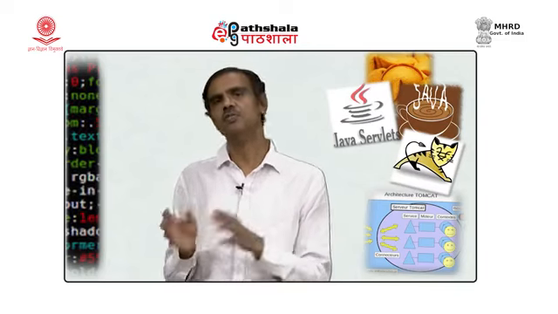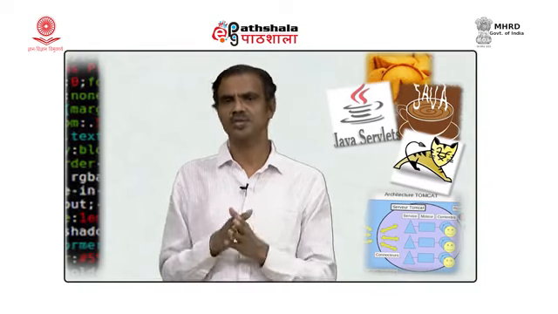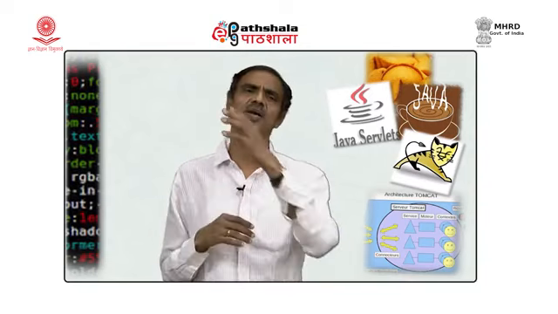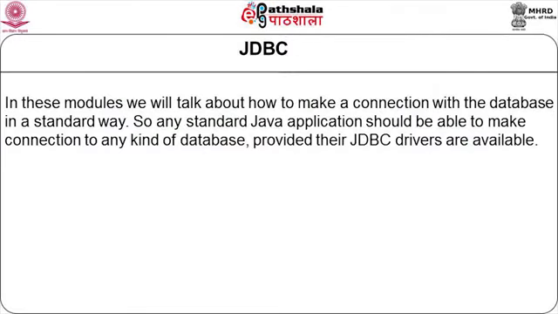Modules 8 and 9 would cover the JDBC APIs, fine. They will talk about how to make a connection to a database in a standard way. Any standard Java application should be able to make a connection to any kind of database. Whatever would be needed is that the JDBC drivers must be available.